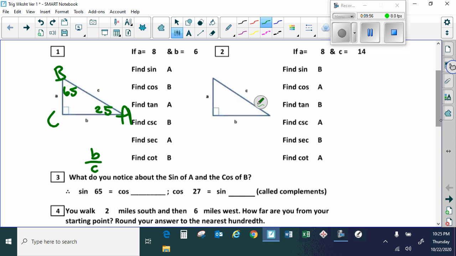Well, that equals what? I need in terms of cosine, what gives me B over C? Well, that'd be the cosine of A, which is 25 degrees. The cosine of 25 is B over C. Okay? So just know that.